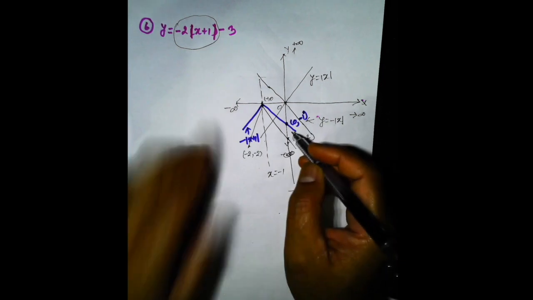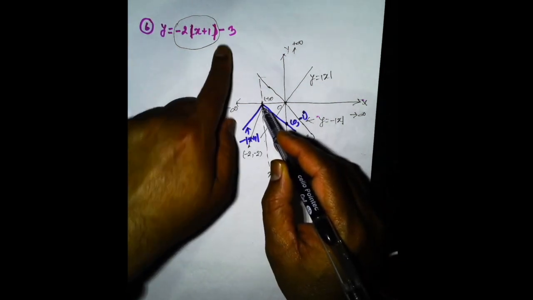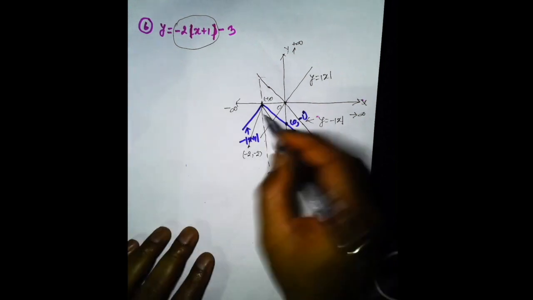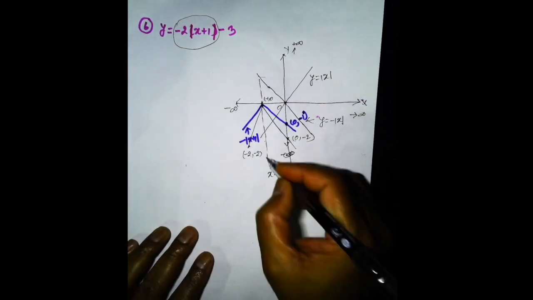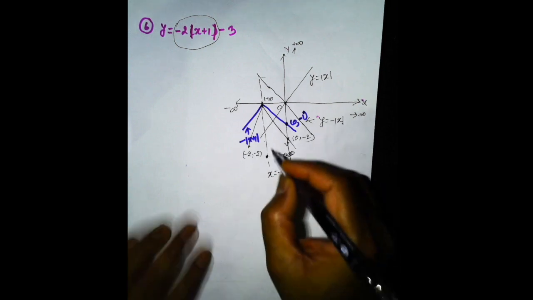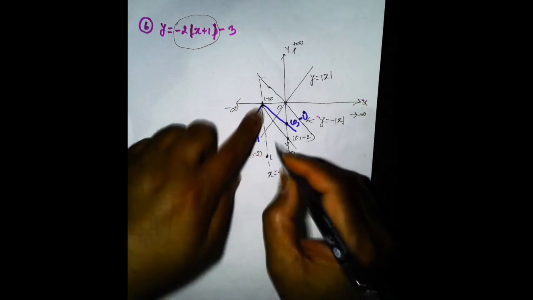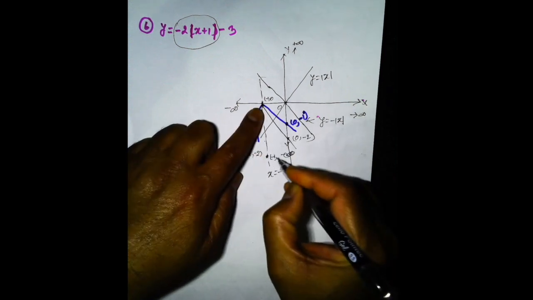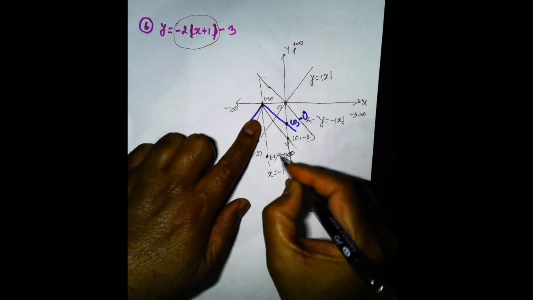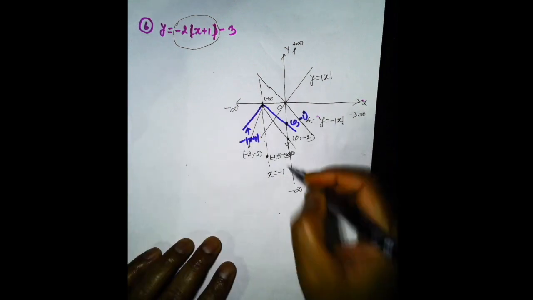So in the final graph, what happens? It is -3, so as y is 0 here, it will go 3 units down from the x-axis. So if it goes down 3 units from the x-axis, this point would be 3 units down. So x is still -1 and y is 3 units down, so this is -3. Then what about this point? This is (0, -2), so x still remains 0.